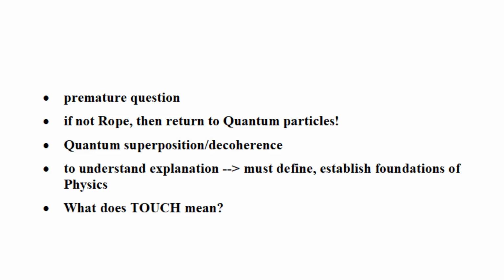Another argument, which I mentioned to JFG, is that in order to understand an explanation, you must set the foundations. You must plant the foundations of physics. You must make sure that people understand the language of physics, understand what physics is about. And like I told them, the first thing you need to establish is you can't do physics without an object.